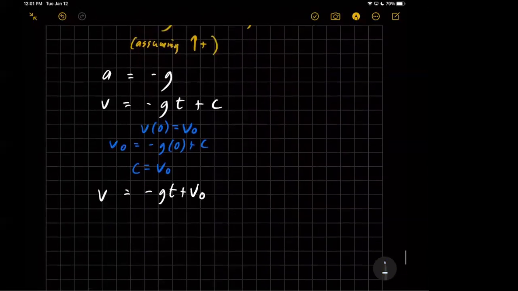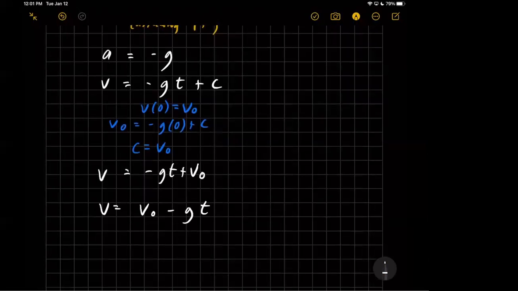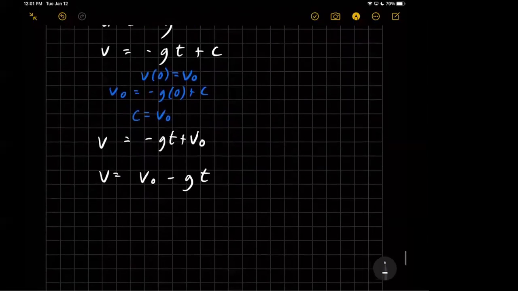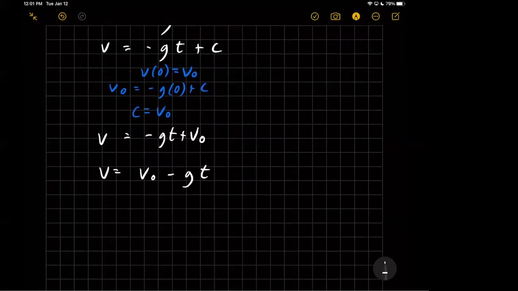Now that probably doesn't look as familiar as rewriting it this way: v equals v naught minus gt. So this is the physics expression you saw when you were throwing something up in the air for the velocity. Now, if I want to get the y position, I'm going to have to take the antiderivative again. So to get y, I take the antiderivative.